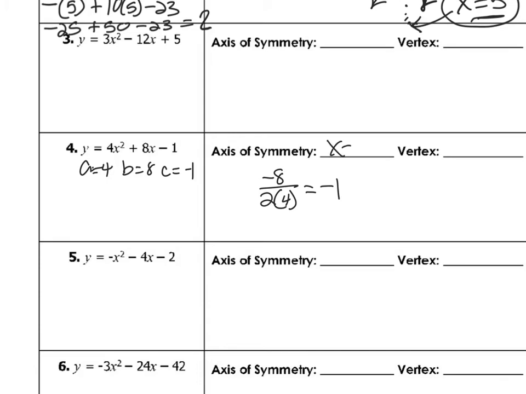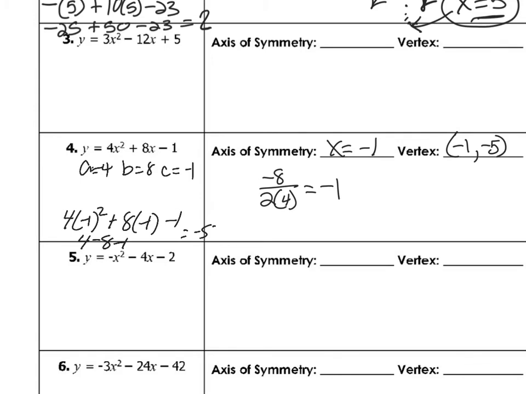So my axis of symmetry is the line x equals -1. For my vertex, my x is -1, so I'm going to plug in 4 times -1 squared plus 8 times -1 minus 1. So this is going to be 4 minus 8 minus 1, so that's going to be -5.